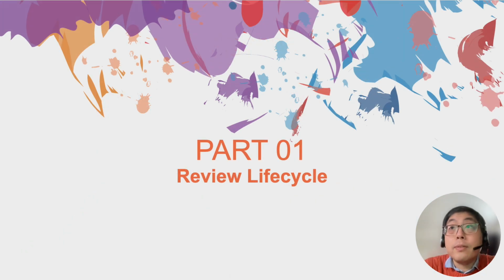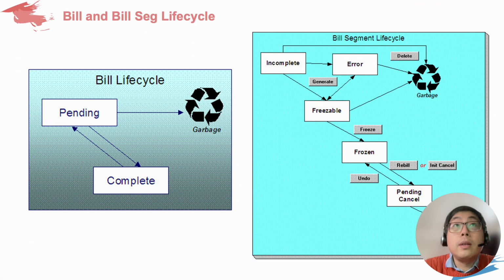Okay, so let's look at the first one, the bill lifecycle. Last time we talked about both bill cycle and bill segment lifecycle. First of all, in terms of bill, you can see it's quite straightforward.